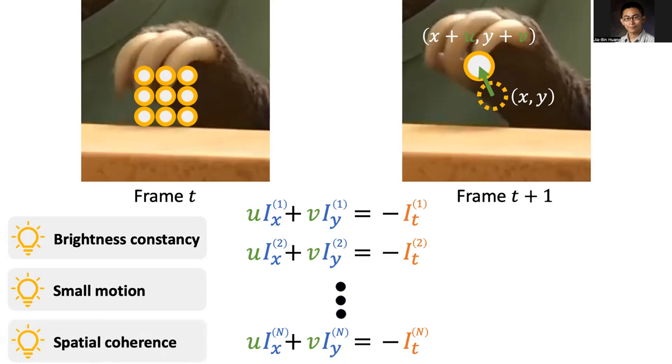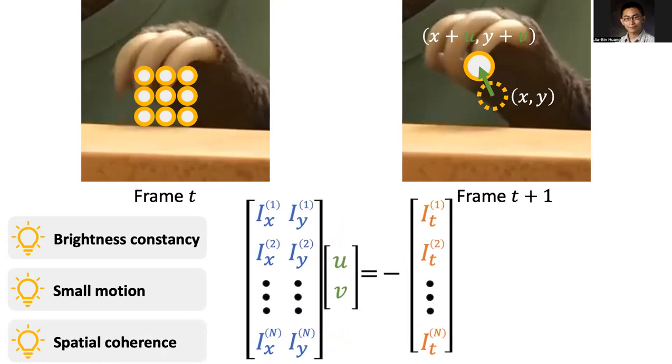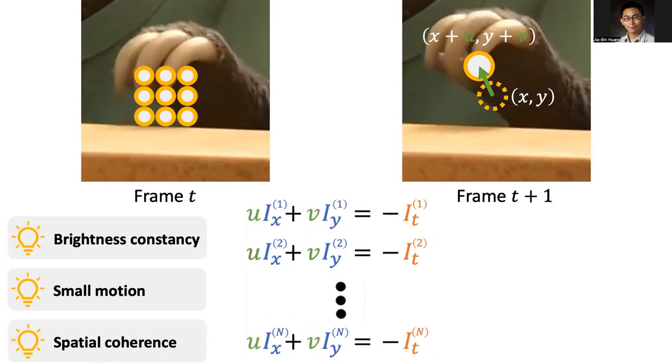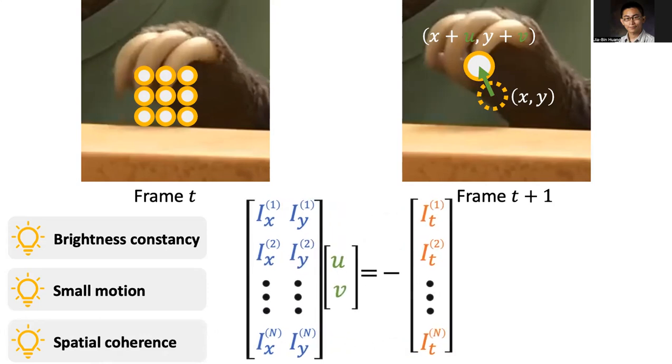So in this case, we have this linear system of equations, and I know that the unknowns are u and v. Then I just do the reshuffling like this. I move u and v into the column vector, and you can see this is exactly the same thing. Let me show this again. Each equation has u and v, and I formulate this.